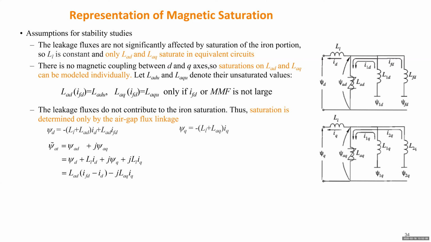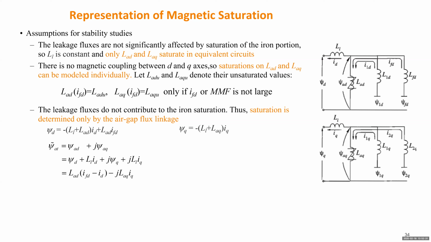So we can assume there's a total magnetic field, which can be characterized by psi AT, which stands for the air gap flux linkage. Tilde means it's actually a phasor. It has both the magnitude and also direction. The direction will depend on the values in the D axis and the Q axis. So which one is bigger, how they change the value.